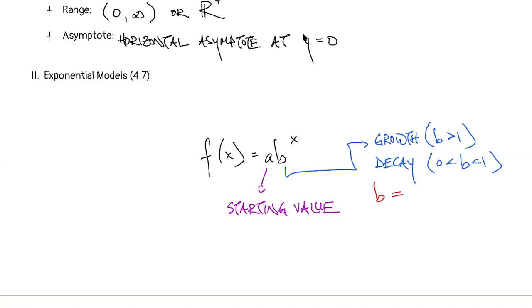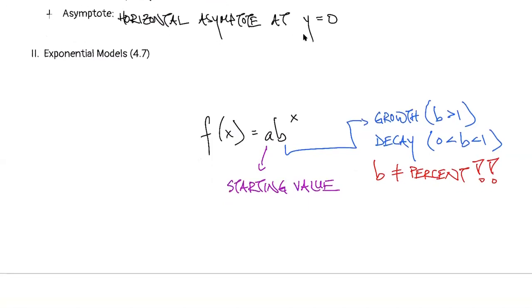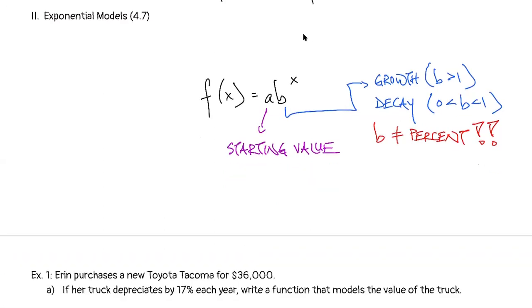b does not equal the percent that they give you in the word problem. Okay. b does not equal the percent they give you in the word problem. But let me give you a handy dandy little formula so that you can use the percent to find the b. Okay.